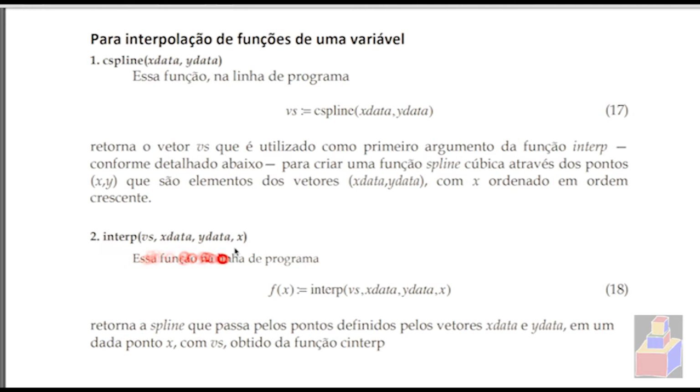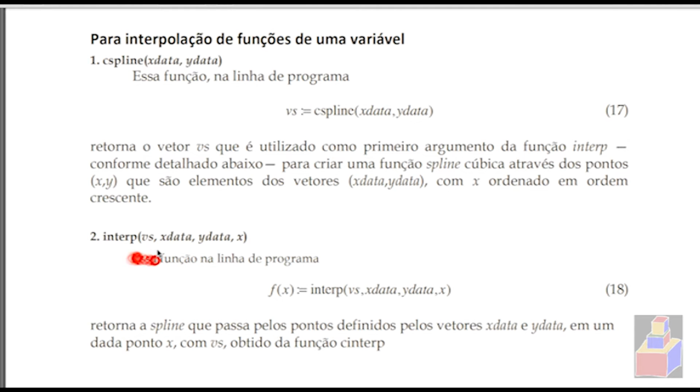Interp has four arguments. The first argument is the one that is returned by this statement here. The second argument is the X values organized in a single vector. The other argument is the Y values in a single Y data vector.